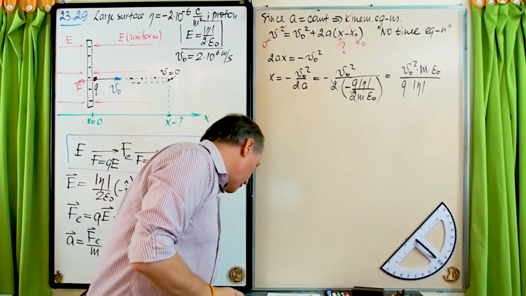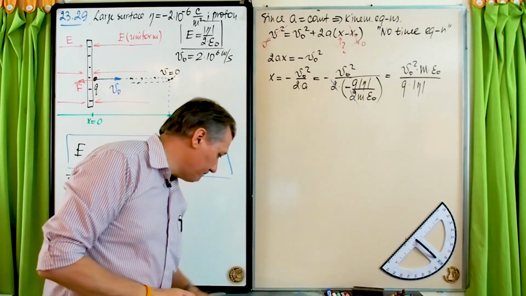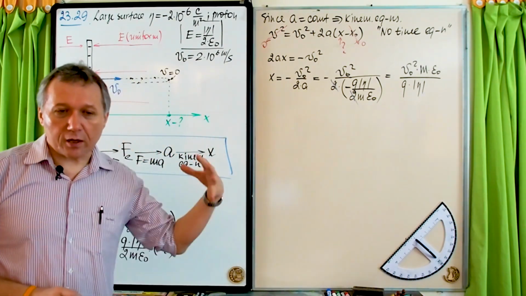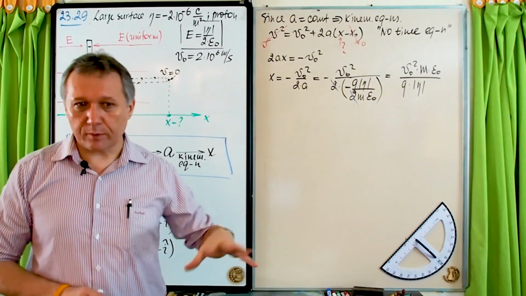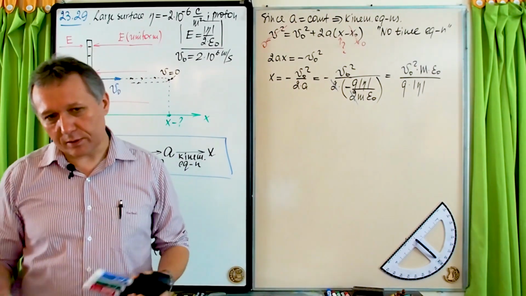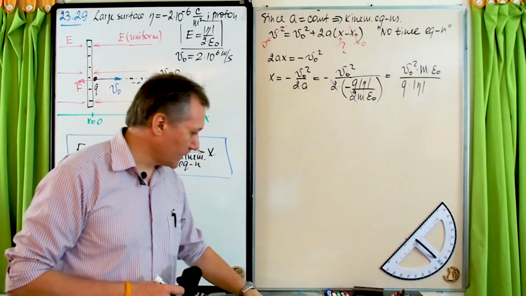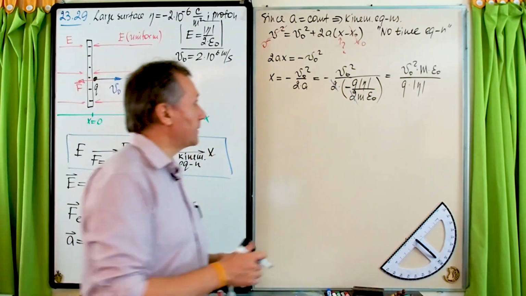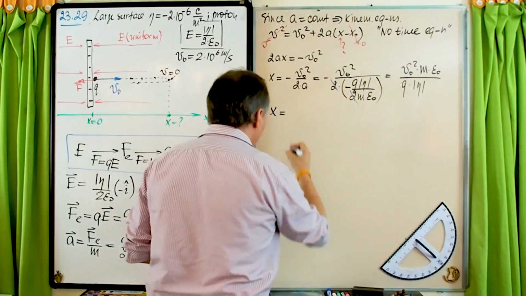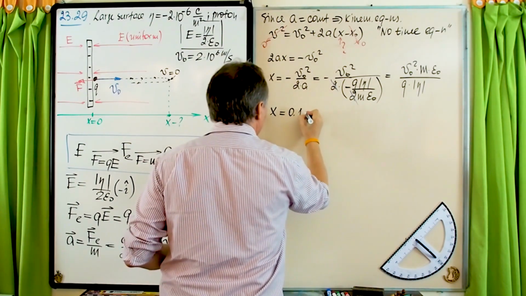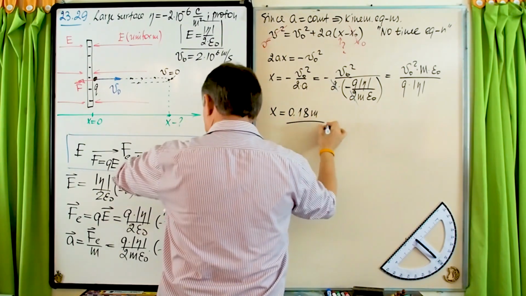Okay, so if you put in all the numbers, of course I'm not going to do it: charge of the proton, it's like the charge of an electron, but positive. Mass of the proton, open the book, and you can see that on the front cover, I think on the back side. So x equals 0.18 meters.